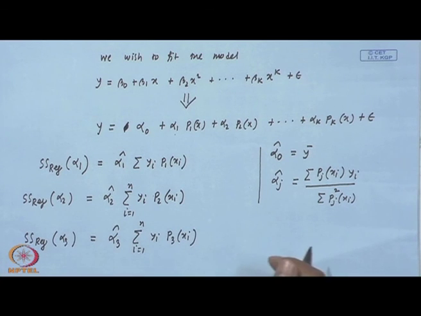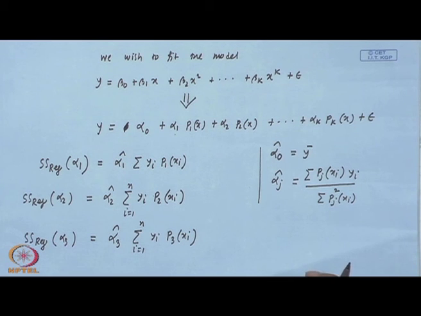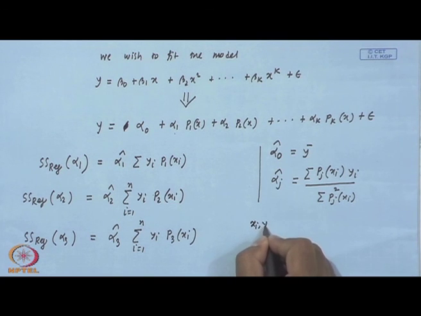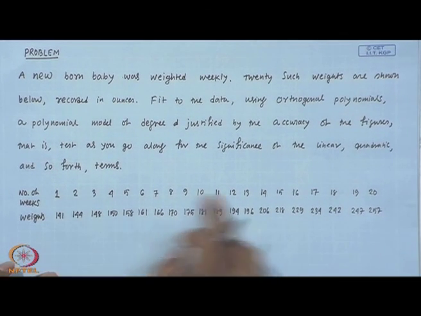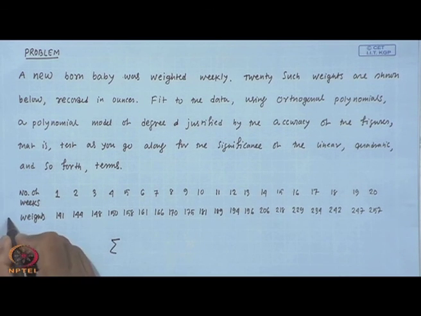Why I am talking about all this SS regression due to alpha 1, alpha 2, alpha 3 is that, given the problem, you have x i, y i values. So, this is your x i, this is y i. Given this, you first compute the total variability in the response variable. The response variable here is y, weight, and this is x.